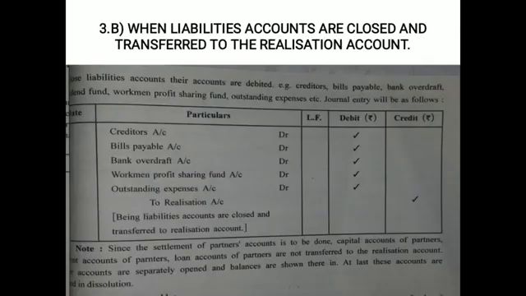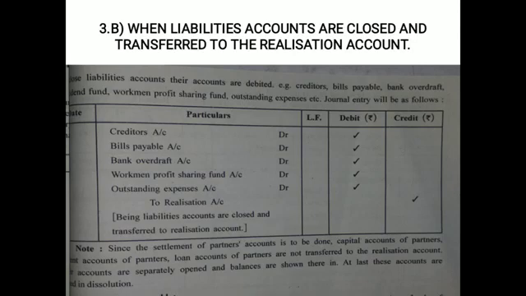Next, when liabilities accounts are closed and transferred to the realization account. Now liabilities, basically they are having credit balance. Liabilities are given on the credit side of the balance sheet. So a credit balance, if you want to close, then in the journal entry you will have to debit the same.